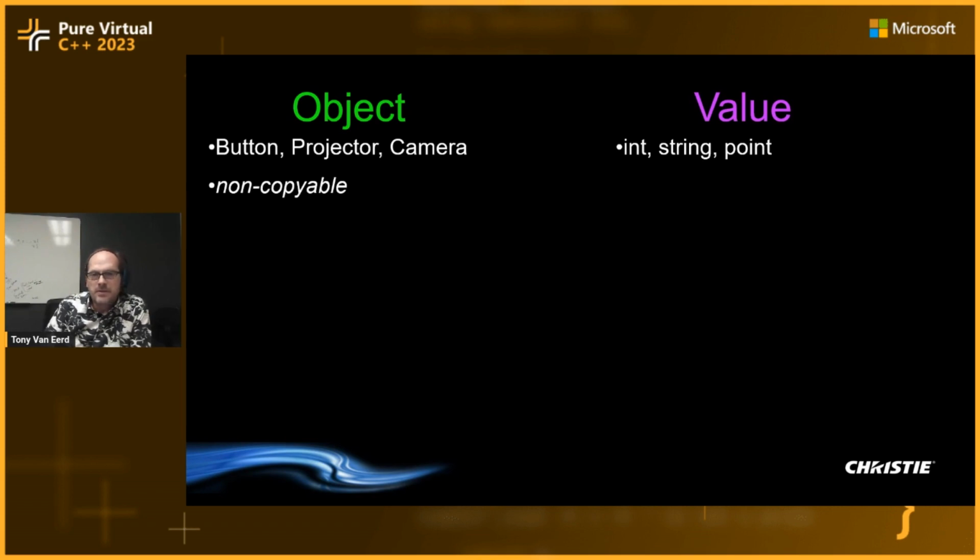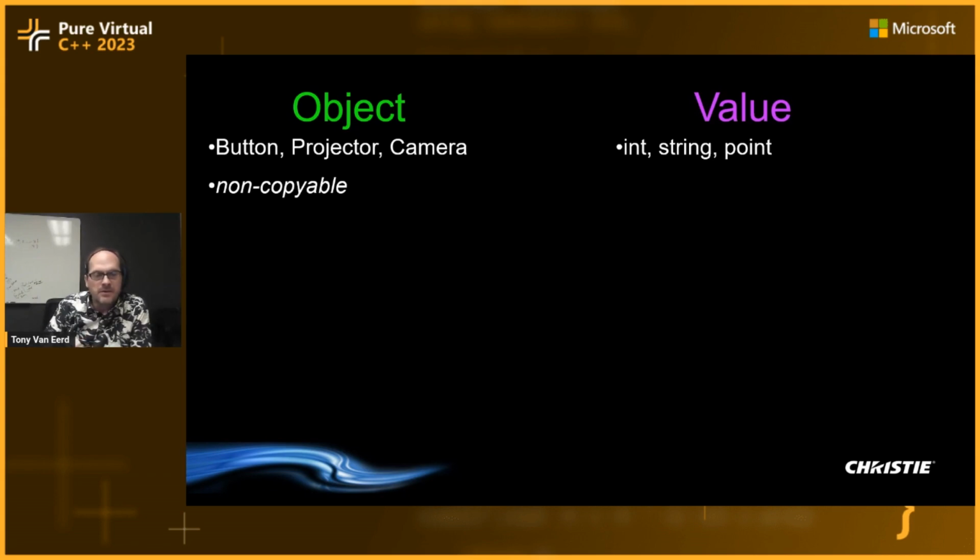And objects tend to be not copyable. I would love to be able to make a new projector just by copying it in memory on my computer, but no, they're very expensive things. You come out of a real physical factory. If you passed a button by value to a function, would you want two buttons to show up in your UI?